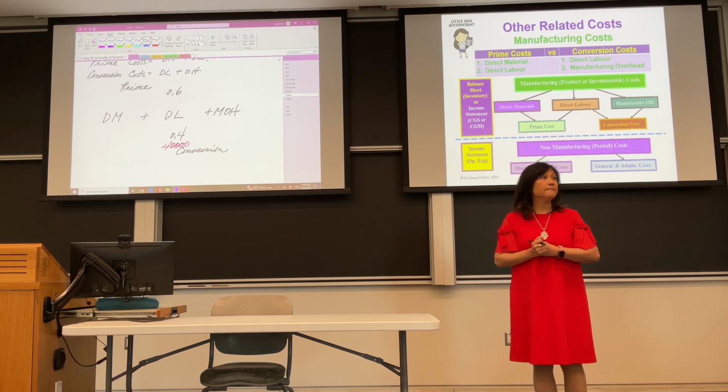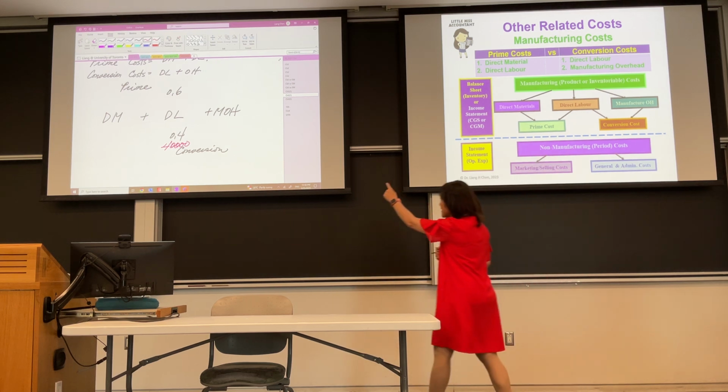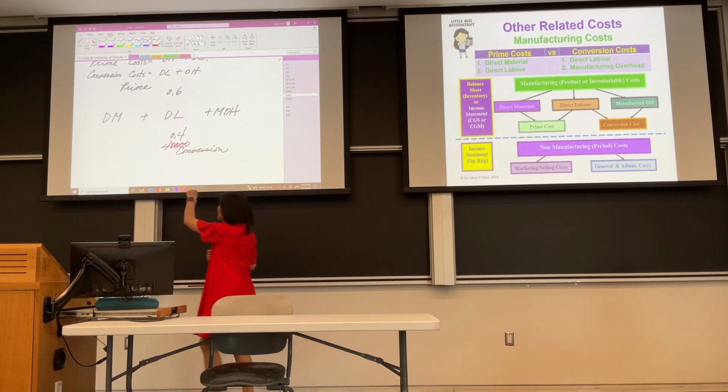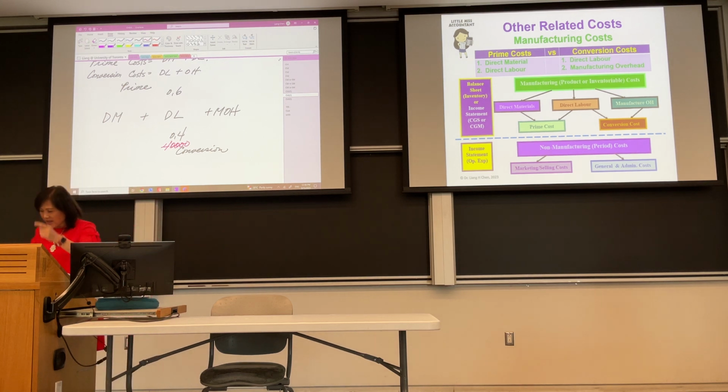How do you figure it out? 40,000 represents 40%. 100,000 is 100%. So conversion cost is $100,000. Are we okay? So overhead will be 60% of the conversion cost. So this is $60,000.